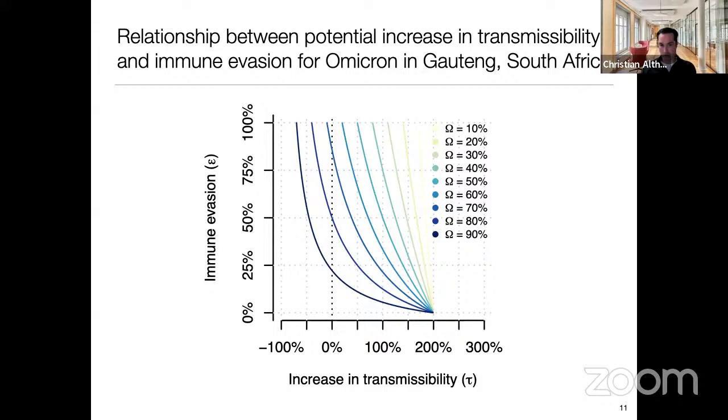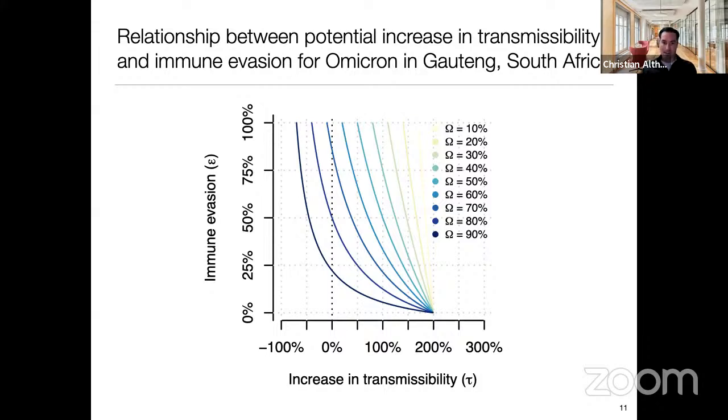You see on the horizontal axis the potential increase in transmissibility, and on the vertical axis the potential for immune evasion. And the lines basically depict different scenarios for different levels of immunity in the population from 10 to 90%. So omega corresponds to the level of immunity in the population to previously circulating variants, including Delta.